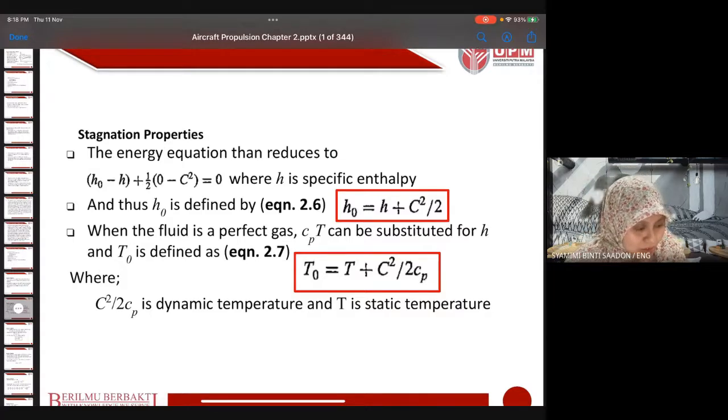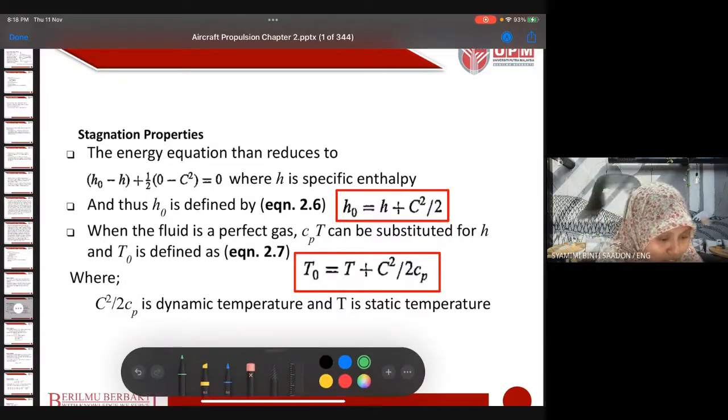Thus H stagnation or H total, H0, is defined by equation 2.6: H0 equals H plus C squared over 2, the kinetic energy. This is the static enthalpy, and this is the dynamic, the kinetic energy part.